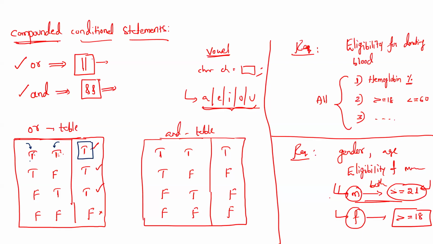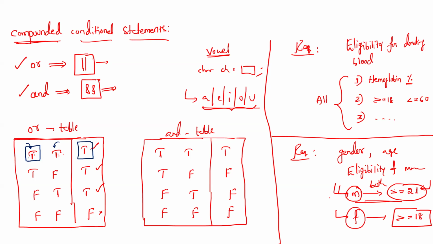Here the first one is true and the second one is true. But once it gets the first one as true, do we need to check the second one? No. The execution engine functions very cleverly. It doesn't waste time checking the second one if the first one is already true with the OR operator.